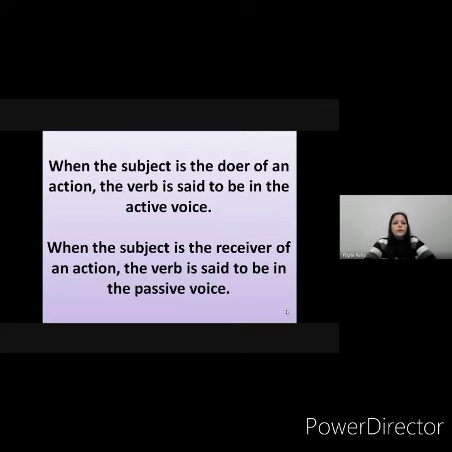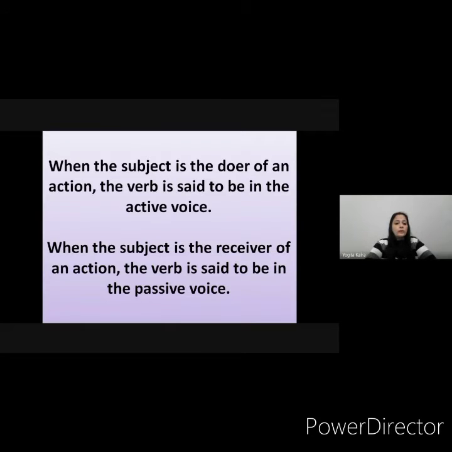So here in active voice, when the subject is the doer of an action, the verb is said to be in the active voice. So, children, here you have to keep it in mind that the sentence has two parts, the subject and the predicate.